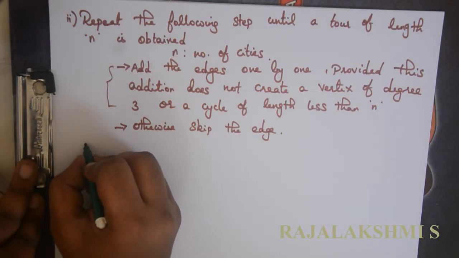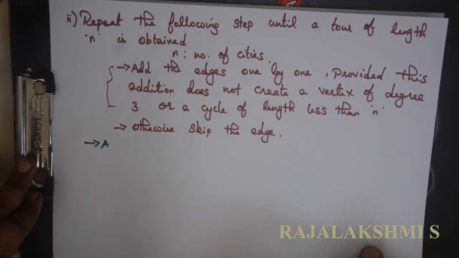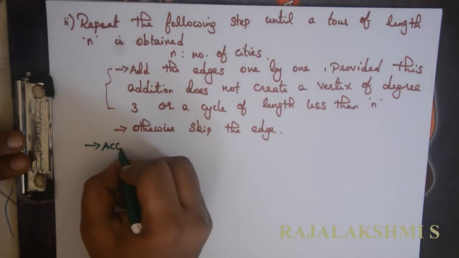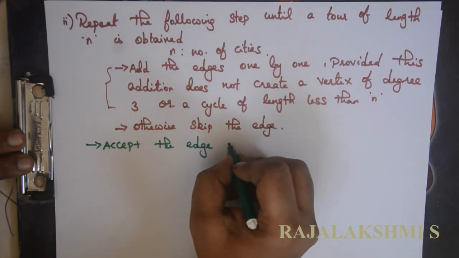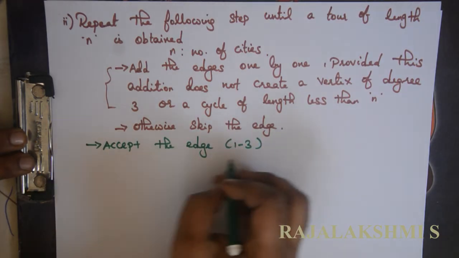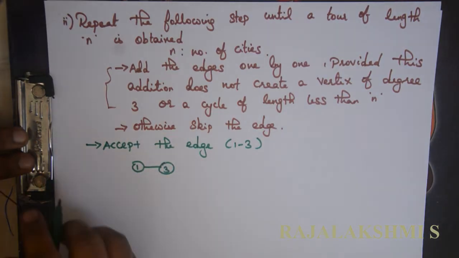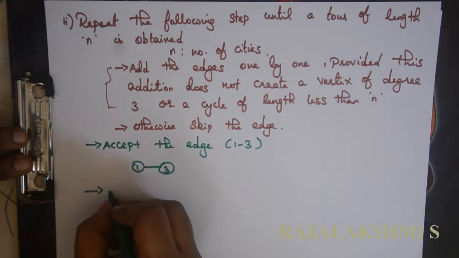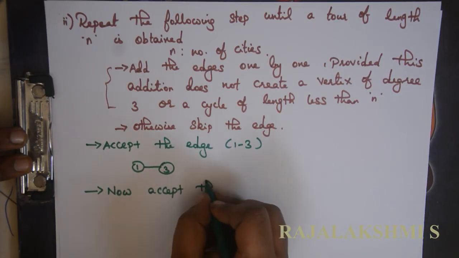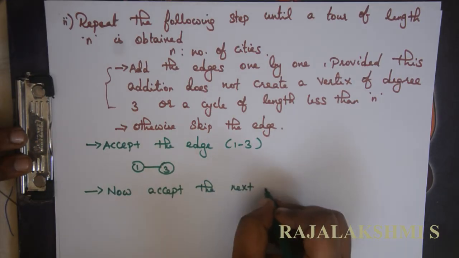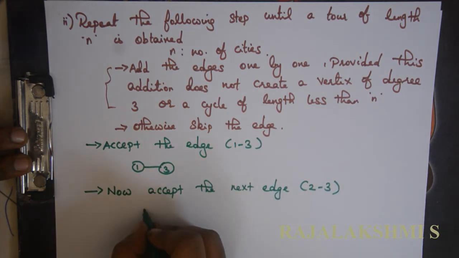So the first edge: accept the edge. Initially the tour is empty, so we accept the first edge in increasing order, that is 1 to 3. So now the graph will become like this. Now accept the next edge, 2 to 3.